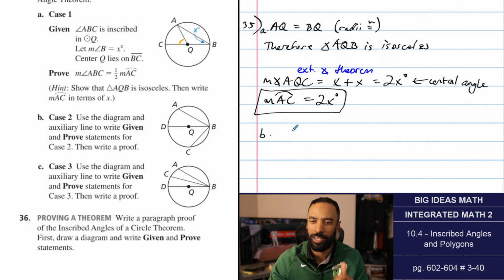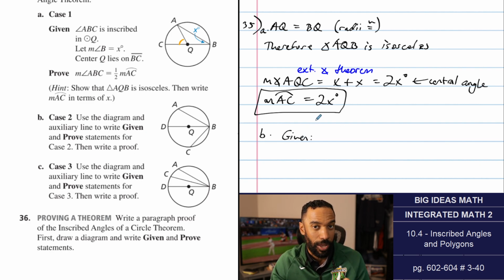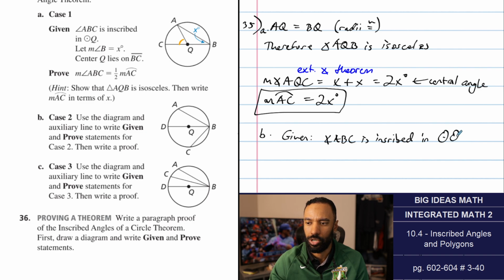Let's do given. Well, it's not just an auxiliary line, right? It's a diameter. But let's start with the fact that we have an inscribed angle. Angle ABC is inscribed in circle Q. We're also given that segment DB is a diameter.